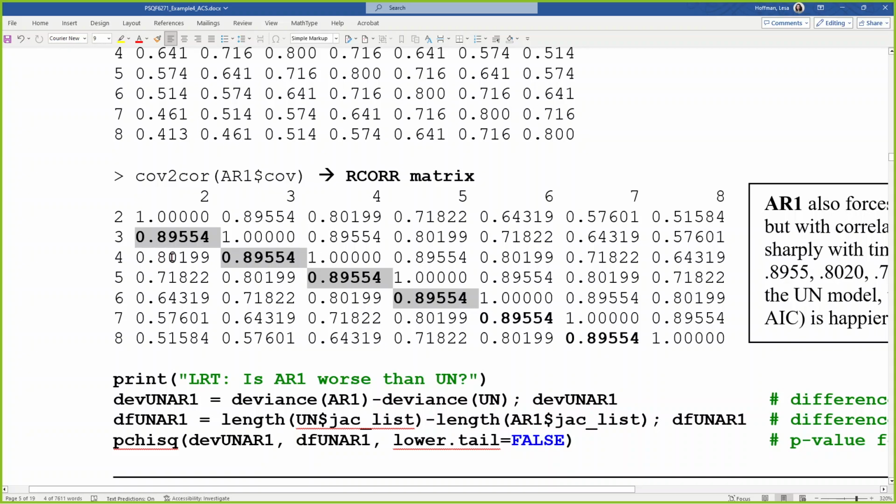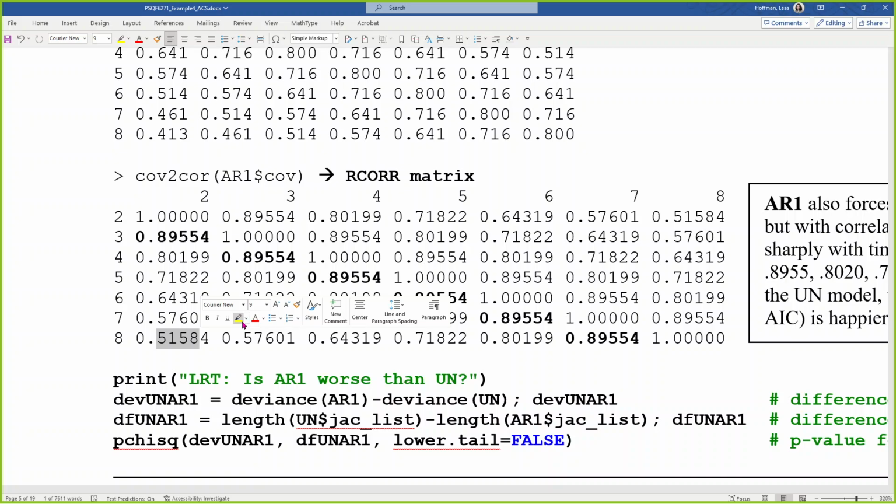If I take that 0.8955 and square it, that gets me the next one. 2 weeks apart are all correlated 0.8. Cube it, that gets me to 0.72. Fourth it, 0.64. Fifth it, 0.58, and then the last one is 0.52.